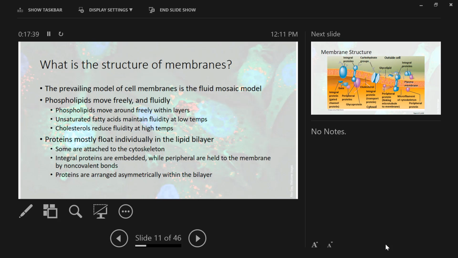But what it does is it creates an asymmetry in the layers of the membrane, where the outer layer has different proteins than the inner layer. You're like, there are two membranes? No, there's only one membrane. The outer layer has different proteins than the inner layer does. Creates this asymmetry.